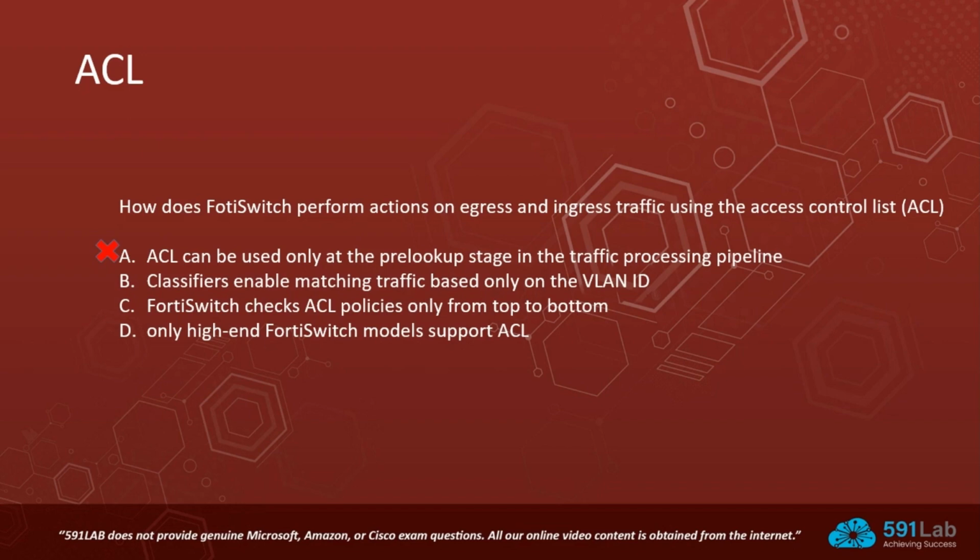This answer is also incorrect. Answer C. FortiSwitch checks ACL policies only from top to bottom. As you may know, this answer is correct. Answer D. Only high-end FortiSwitch models support ACL. This answer is also incorrect.